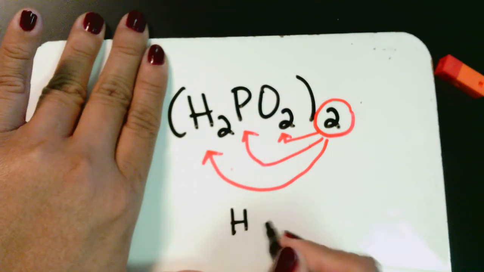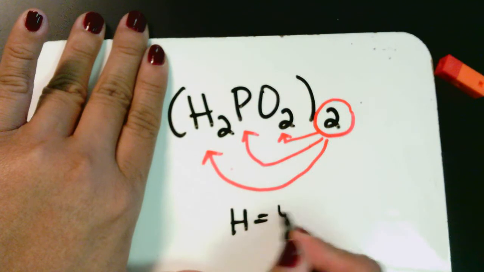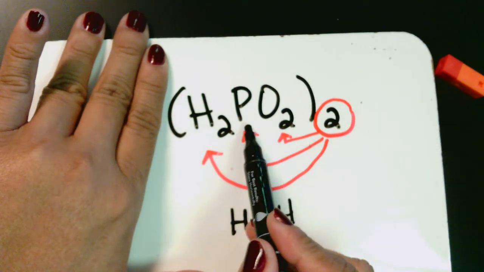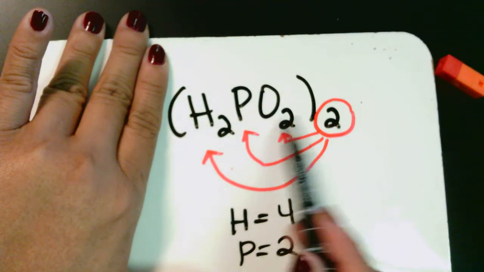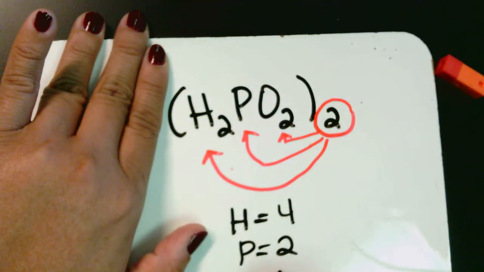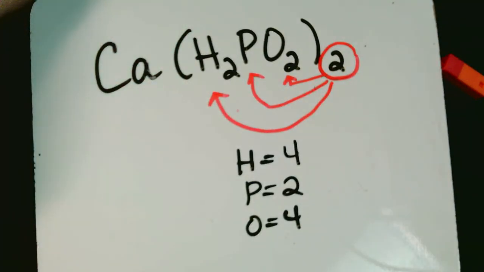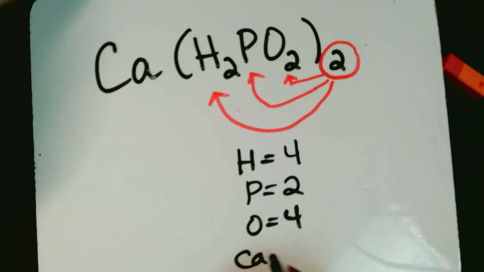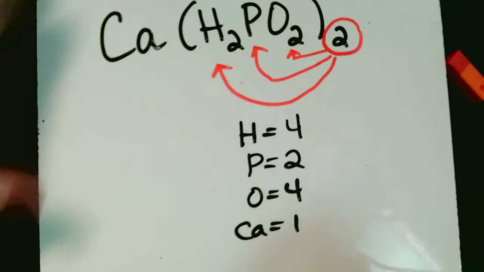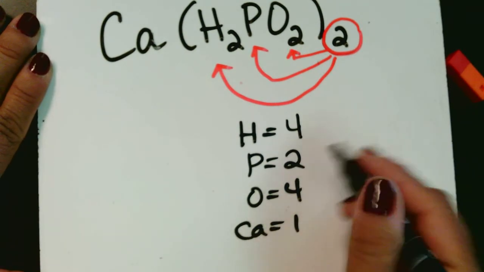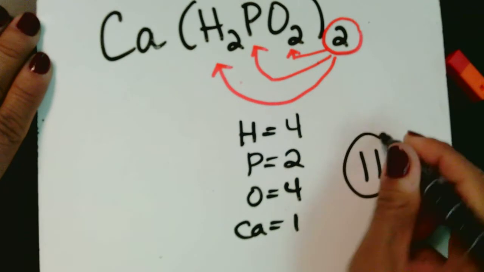So what I really have is 2 hydrogen times 2, I have 4 hydrogen. 1 phosphorus times 2, I have 2 phosphorus. 2 oxygen times 2, I have 4 oxygen. And my lonely single calcium. And if I add all that together, that should be 4 plus 2 plus 4 plus 1, 11 total atoms.